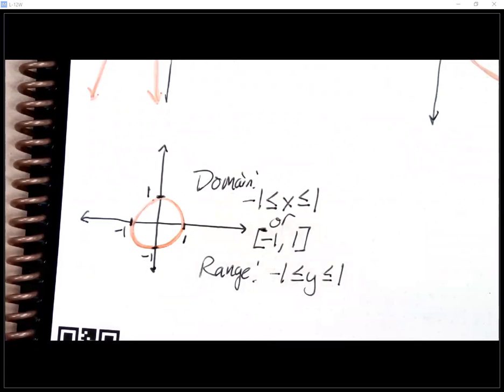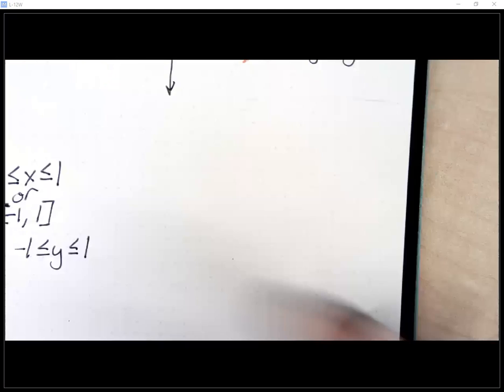Sabia, does it get harder than this? Kind of. We can have some graphs that have holes in them, like an actual hole, like you would drop off the face of the earth if you were playing a video game and you fell into this hole. So let me give you a graph that has such a hole, and we will figure out the domain and range. And then that's pretty much it.